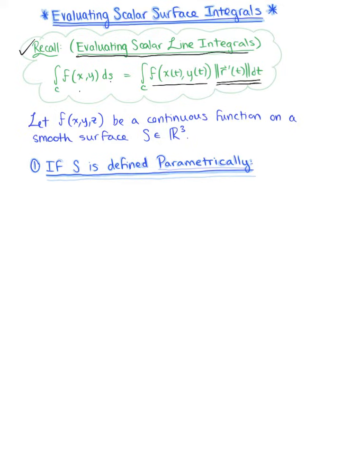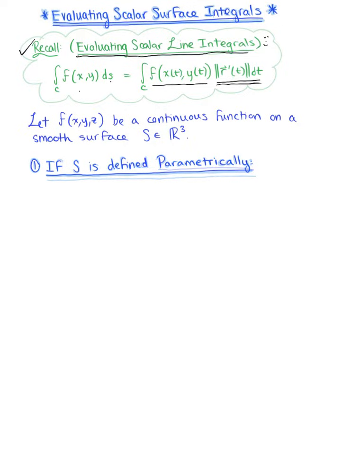So here, when we're looking at evaluating scalar line integrals, we have a one-parameter description. With scalar surface integrals, we are transitioning to a two-parameter description. And we're going to draw parallels to our good old friend, the scalar line integral.